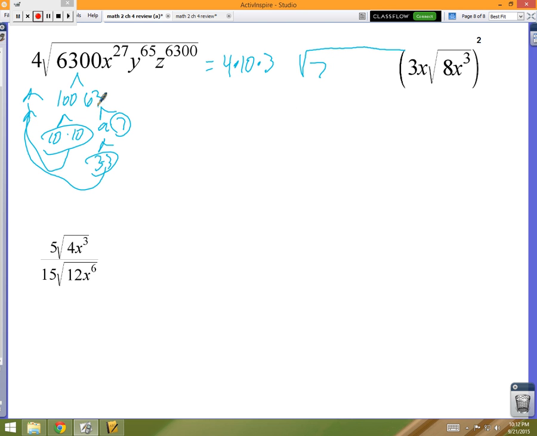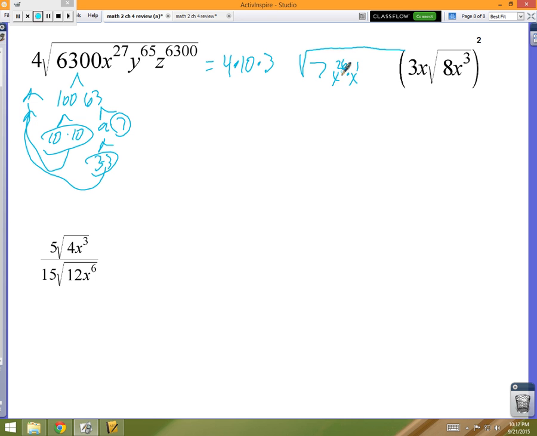Okay, now let's start taking out some letters. If you've got x to the 27, you have 27 x's. There's plenty of pairs in there. So what we're going to pull out is one smaller, 26, times x to the 1. So that's 27 x's. If it's an odd amount, I just go down 1.